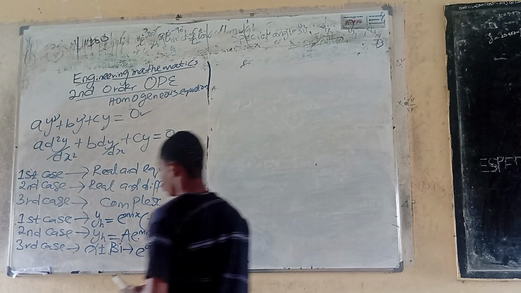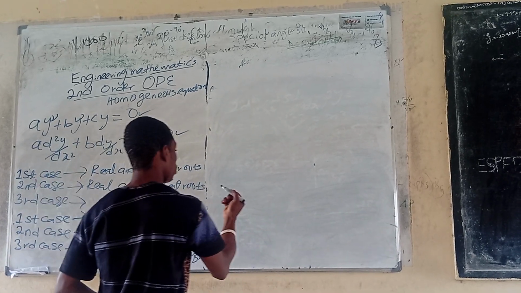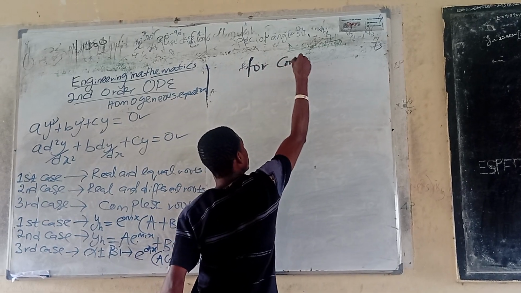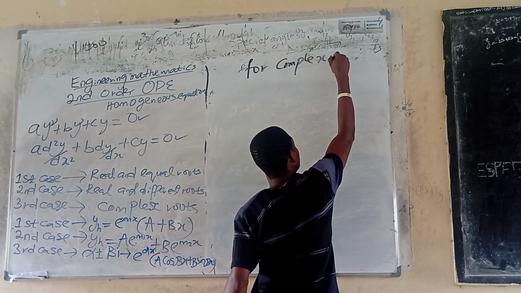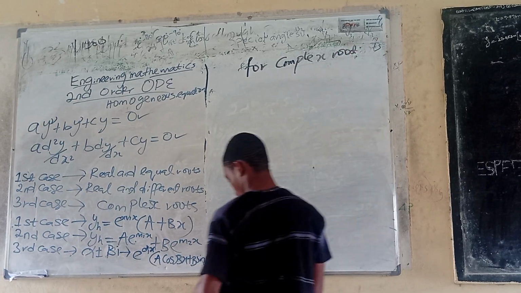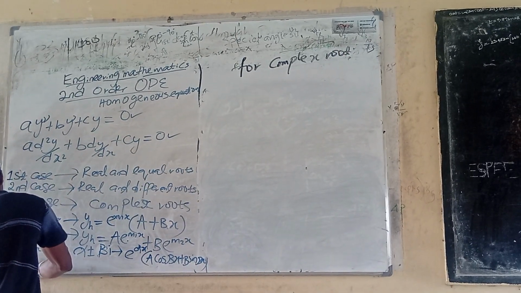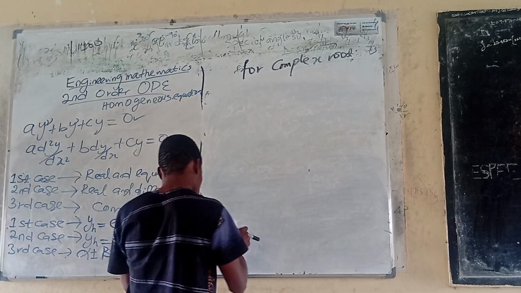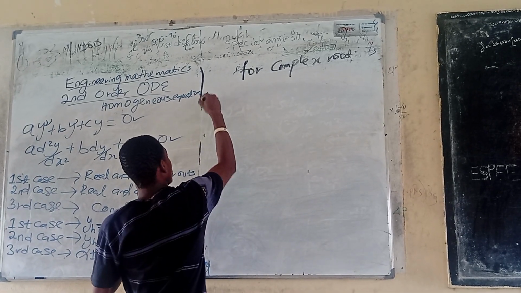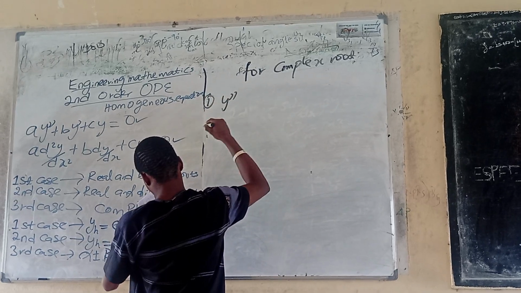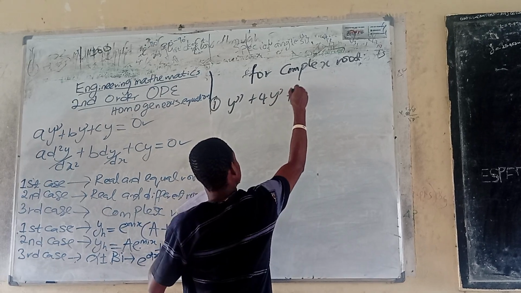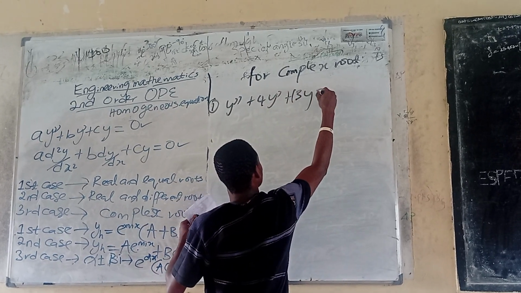So for complex roots, example 1: y prime prime plus 4y prime plus 13y equals 0.